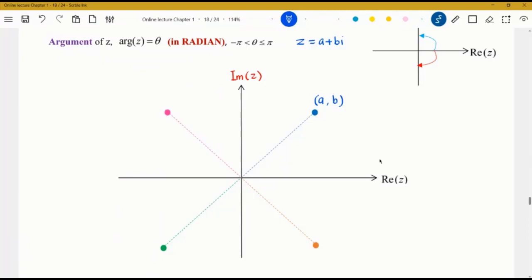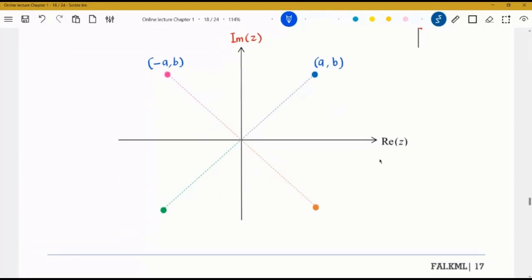Kalau A kamu negatif, B kamu positif, dia akan jatuh pada kuadran kedua. Kalau dia adalah dua-dua negatif, negative A and negative B, it lies on the third quadrant. And then for the fourth quadrant will be positive A but the negative B. Sebab pada bahagian bawah imaginary part kita adalah negative value, pada bahagian kanan real part kita adalah positive value, sebelah kiri negative value untuk real part, bahagian atas untuk positive imaginary part.